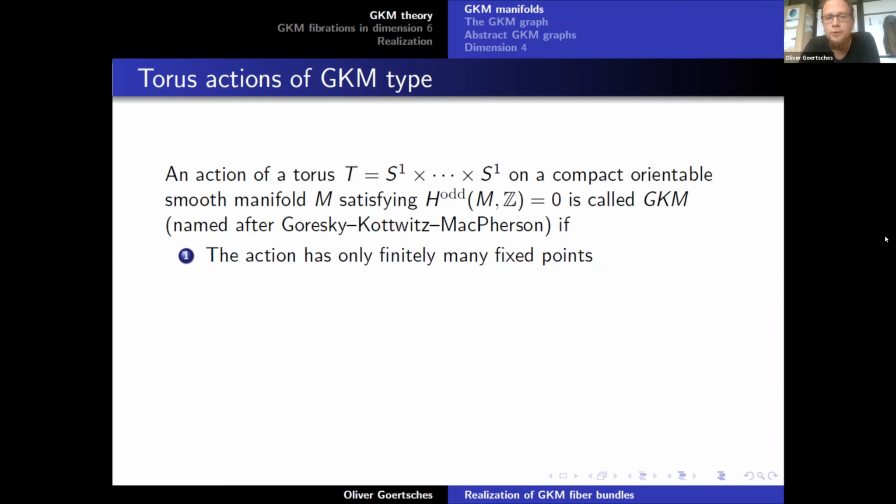One way to phrase it is by saying that the one-skeleton is a finite union of T-invariant 2-spheres. But we can also phrase it in terms of the orbit space of the one-skeleton. If I project the one-skeleton to the orbit space, then I get something that is homeomorphic to a graph.